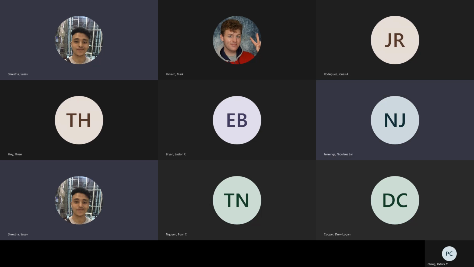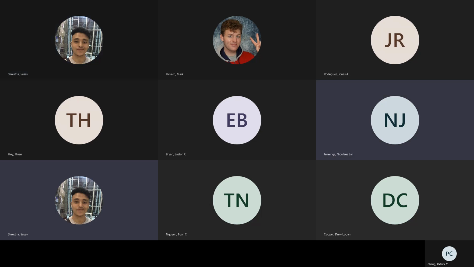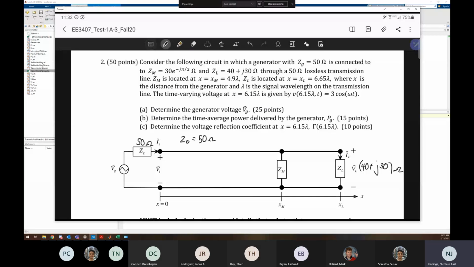Okay, so I'm going to work on the second problem from this test. Let me see here. It should be showing my second screen now.